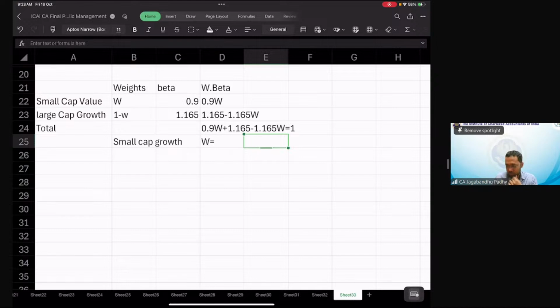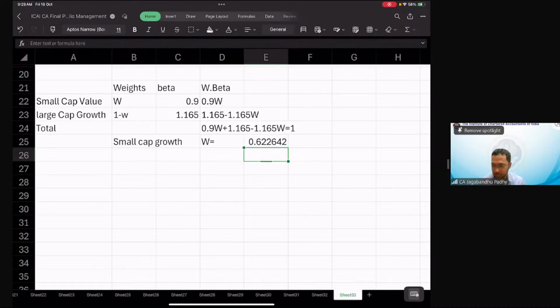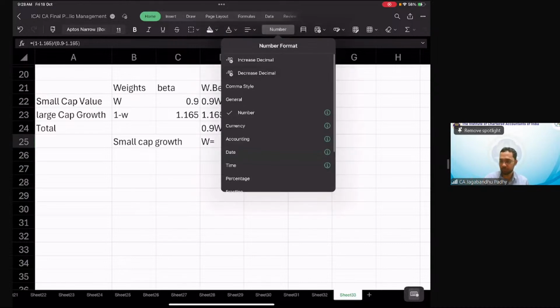The weightage should be 1 minus 1.165, divided by 0.9 minus 1.165, which is 0.622.